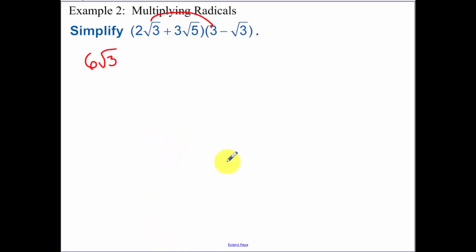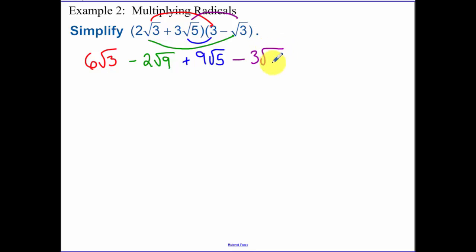The outer terms together, you would have a minus 2 times a root 9. Your inner terms together, 3 times 3, that would be a 9 on the outside, root 5 still on the inside, and then your last terms together, we would have a minus 3 root 15.